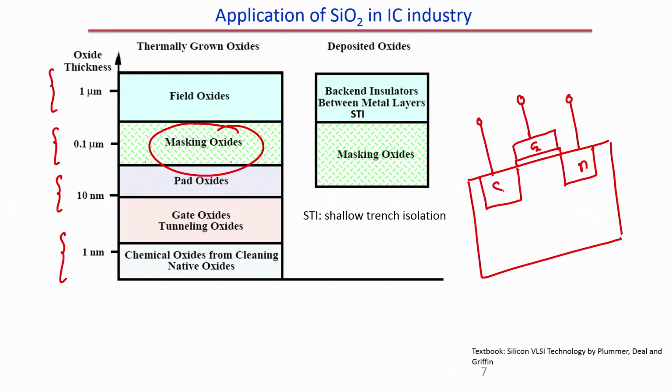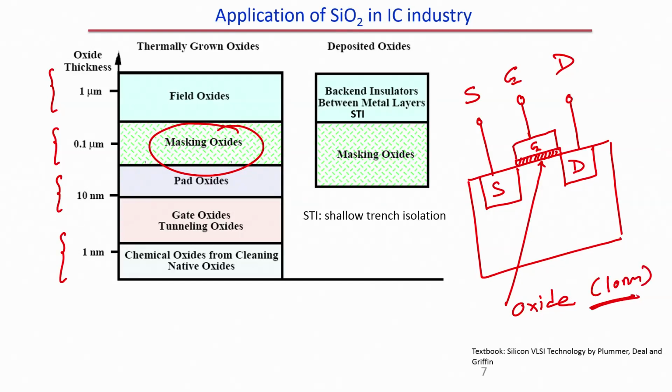Let me write down source, gate, drain. This will be my oxide, which is extremely thin, close to 10 nanometer or even smaller depending on the MOSFET fabrication, and this is nothing but my gate oxide.